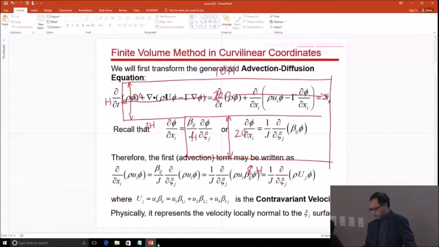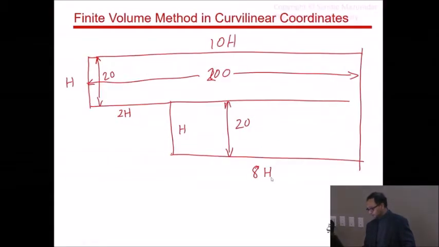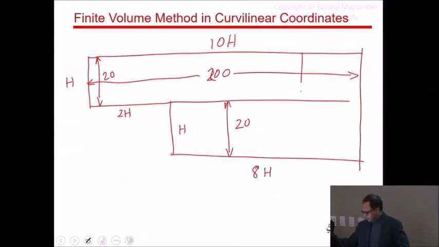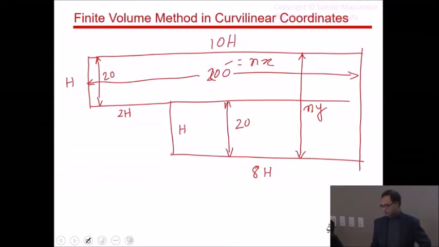So if I go back to this picture here, this whole thing I'm calling Ny, total number of cells in the Y direction. And then this 200 is my Nx. The number of cells here I'm calling Ny underscore in, which is the same as here.